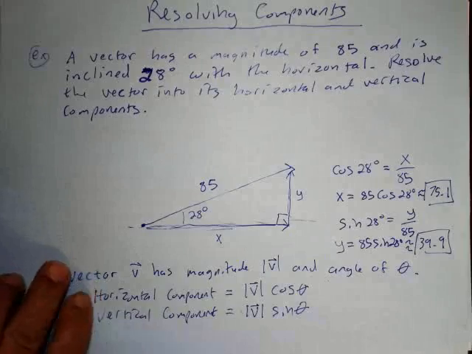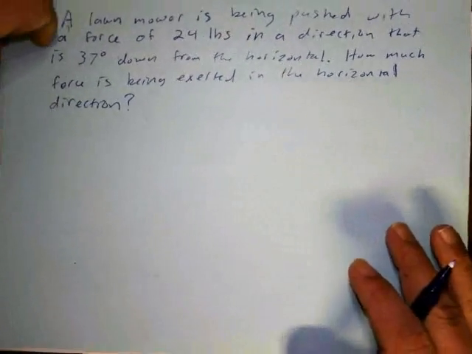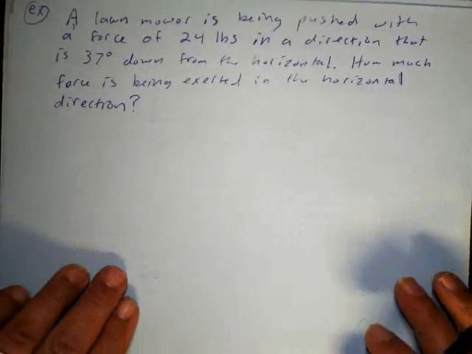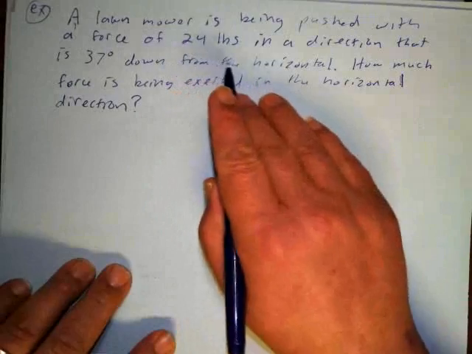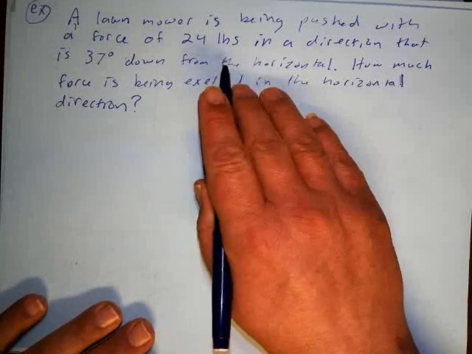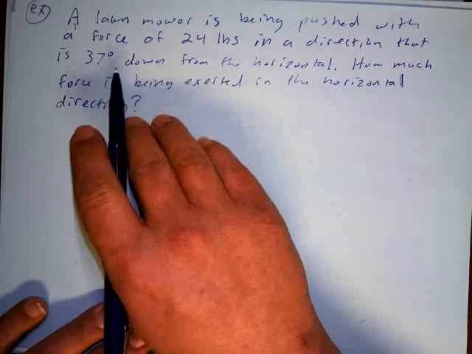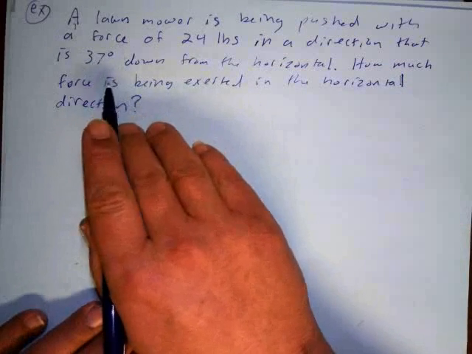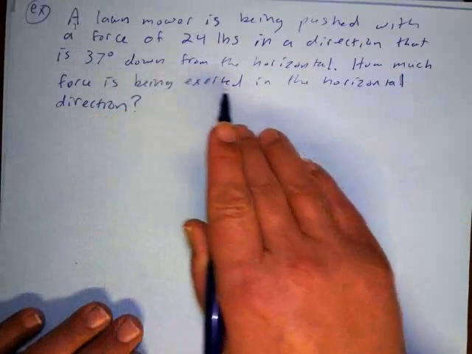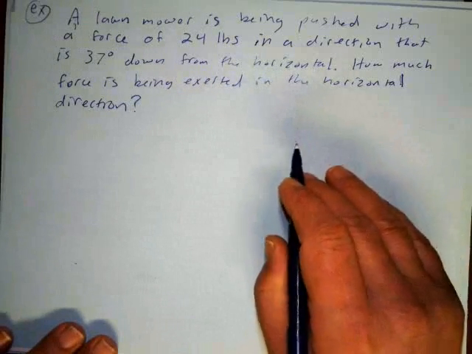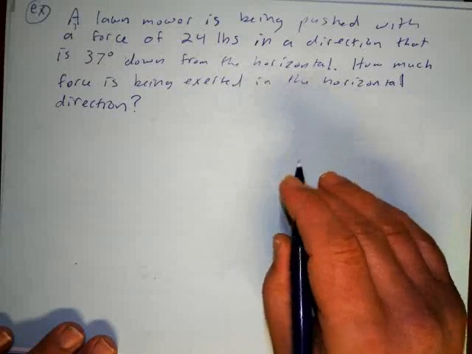In this next example, we're just going to do an application of this. It says a lawnmower is being pushed with a force of 24 pounds in a direction that is 37 degrees down from the horizontal. How much force is being exerted in the horizontal direction?